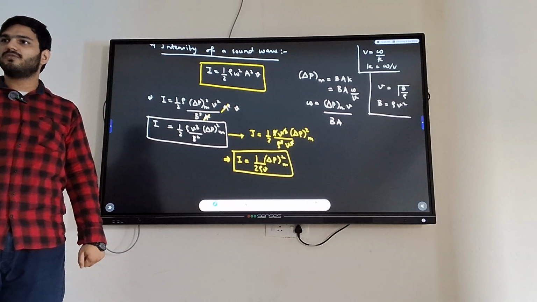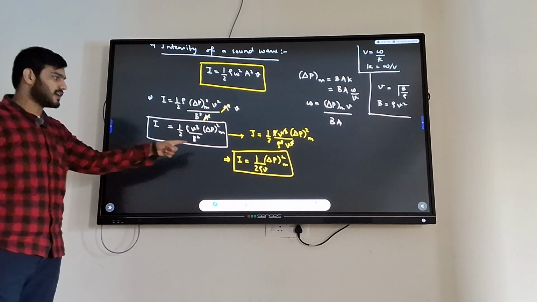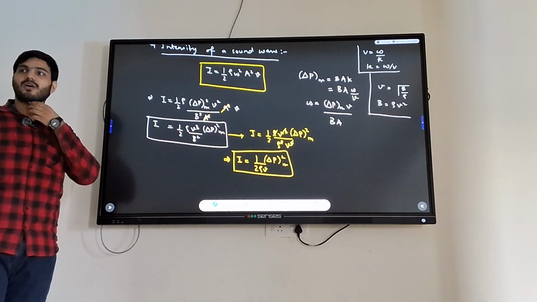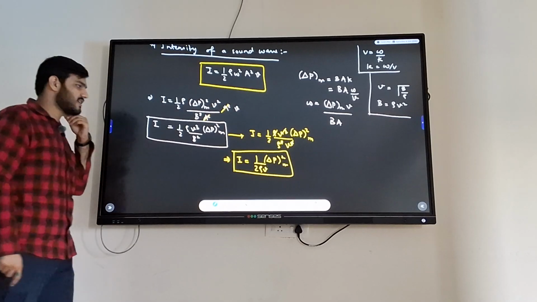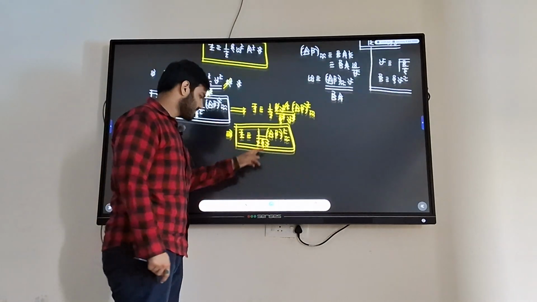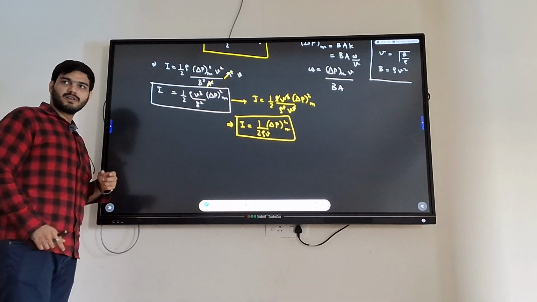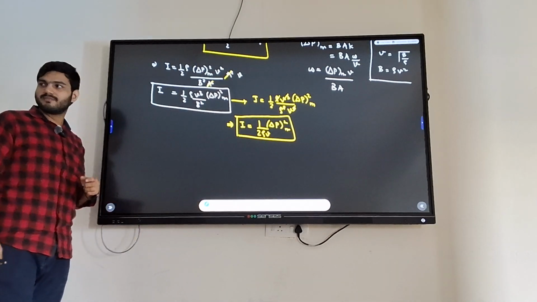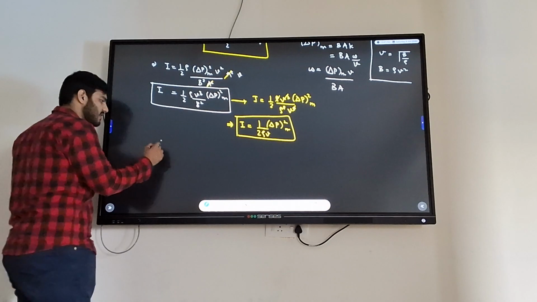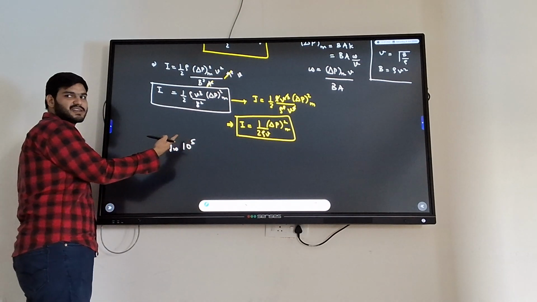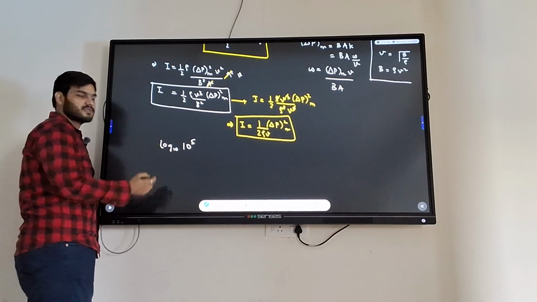For that we can do one thing. What if we scale it down? What if we scale our intensity down so that we can comprehend things? And what do I mean by that? Let's say I have a number. How to scale down a number? Any function that does it? Log. The log function does this thing where if you have 10 power 5 as an input, what is the output? 5.